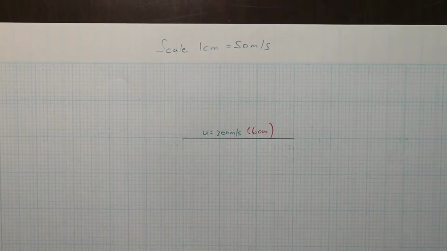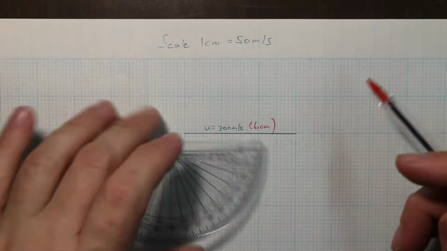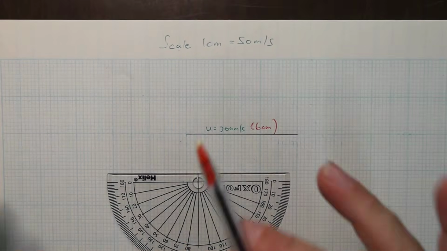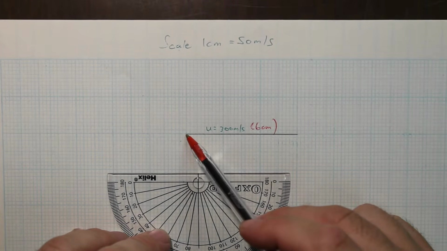Now we have to put in the speed of the steam entering. They said 900 meters per second at an angle of 20 degrees. So we're going to go on this point. Now this is where you have to learn how to do the diagram. At that point there, that's where the steam is coming in.